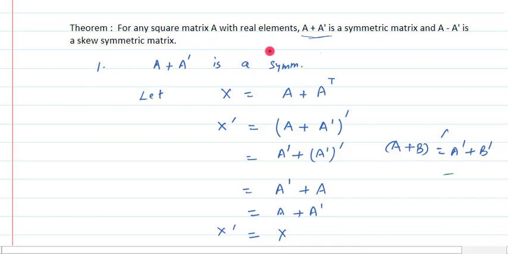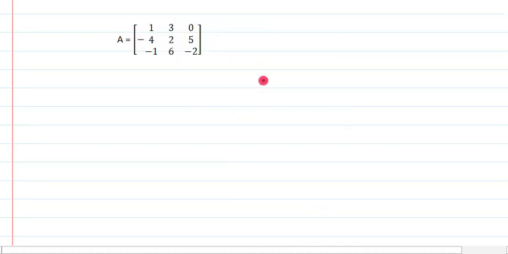To verify it, let us take one real example. I have taken one random example of matrix A. I have not imposed any condition on its elements. Just I have made the entries over here, and it is a square matrix of order 3 by 3. Now first of all we need to prove that A plus A transpose is a symmetric matrix.